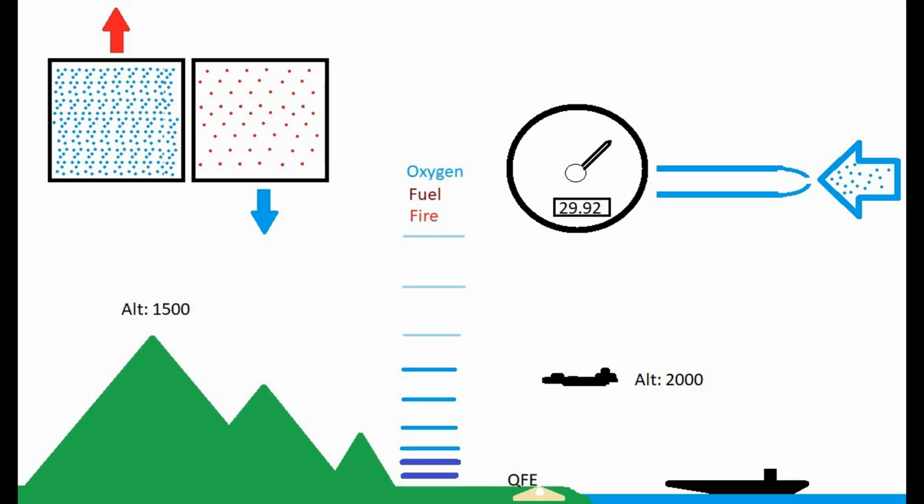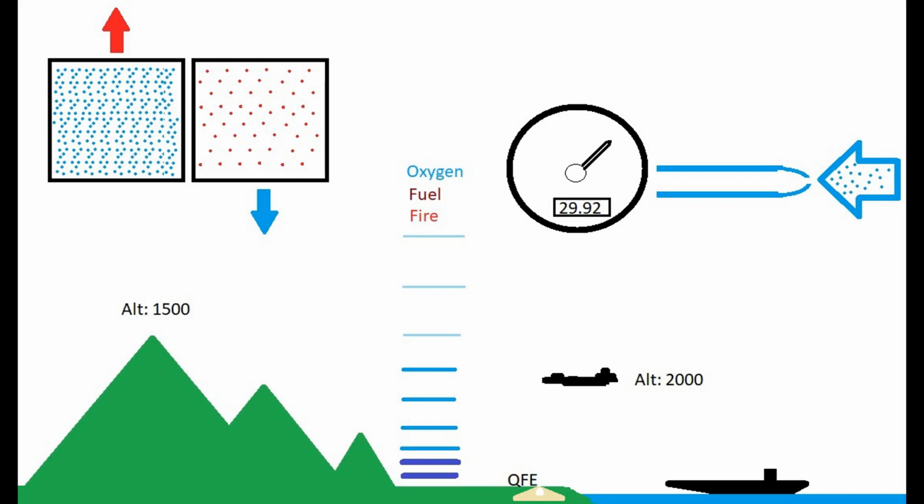He's below sea level, and he sets his QFE so that his altimeter tells him that he's at 0 feet. When he takes off and he comes across mountains, he's going to say, oh, these mountains must be 3,500 feet. But they're not. They're actually 1,500 feet above sea level.